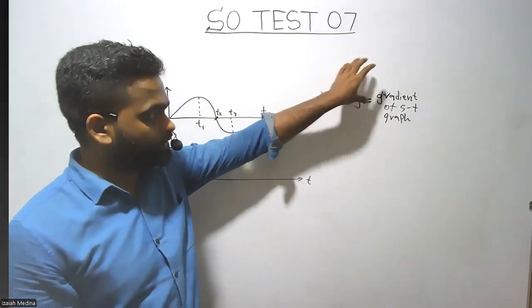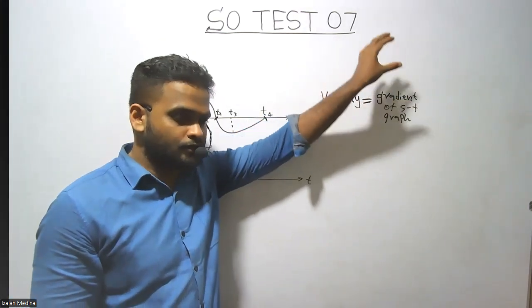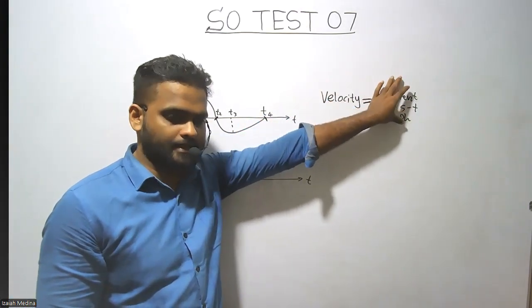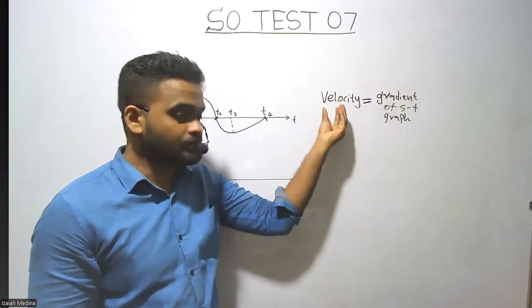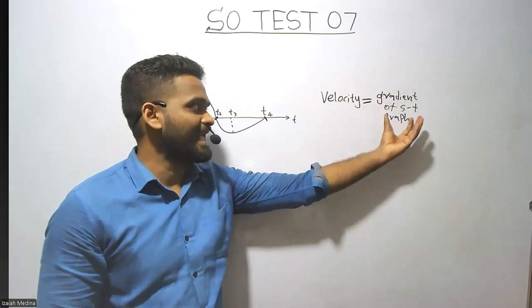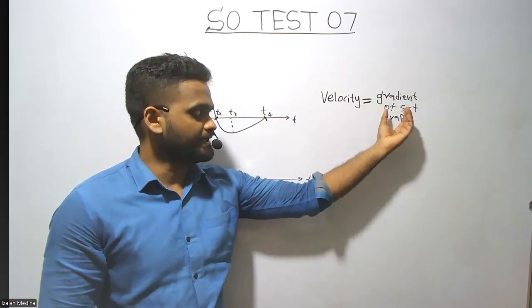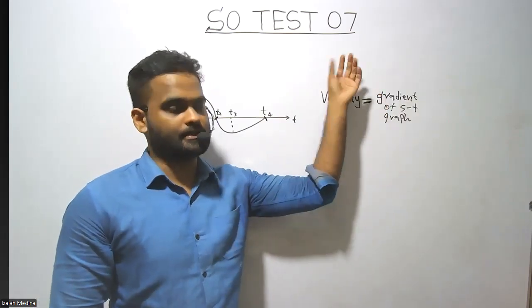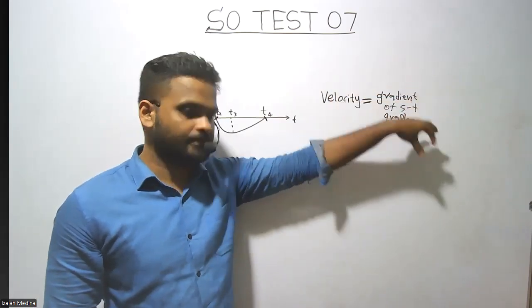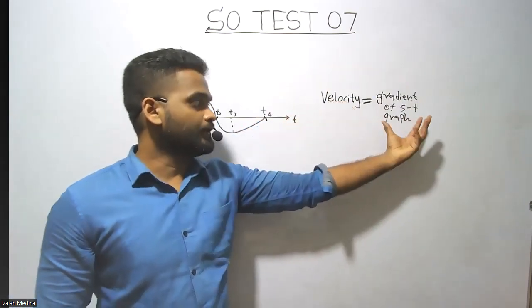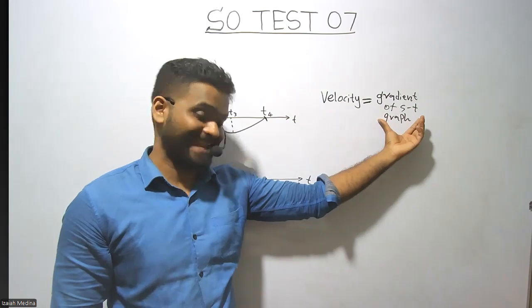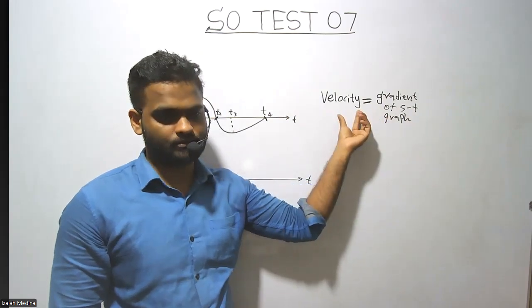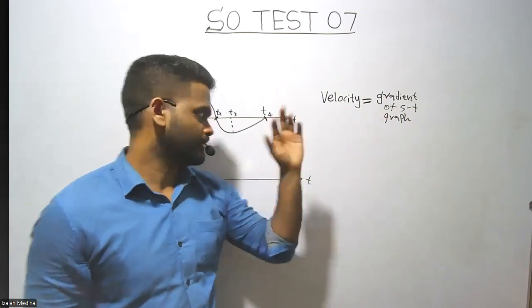Velocity is equal to the gradient of the ST graph. So whatever happens to the gradient happens to the velocity. They have the same behavior. So if gradient is increasing, velocity is increasing. If gradient is decreasing, velocity is decreasing. If gradient is positive, velocity is positive. If gradient is negative, velocity is negative. Okay, let's see.